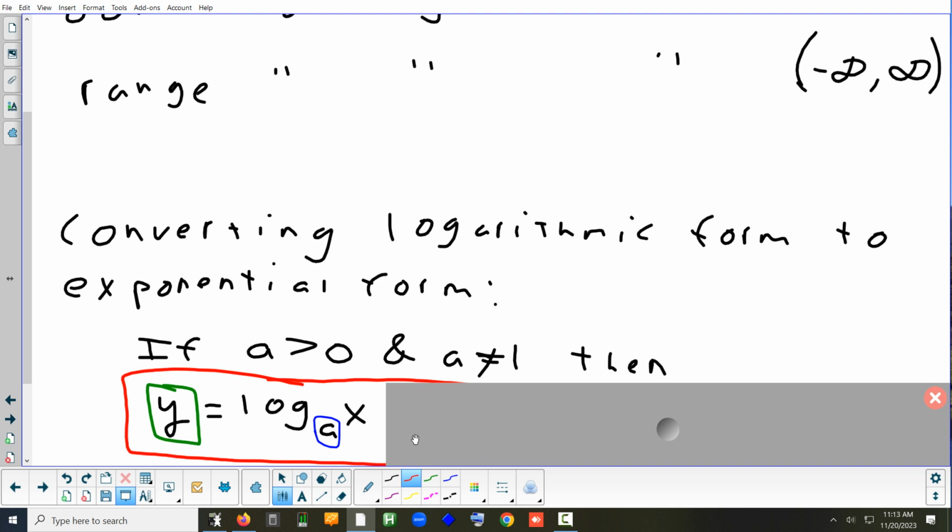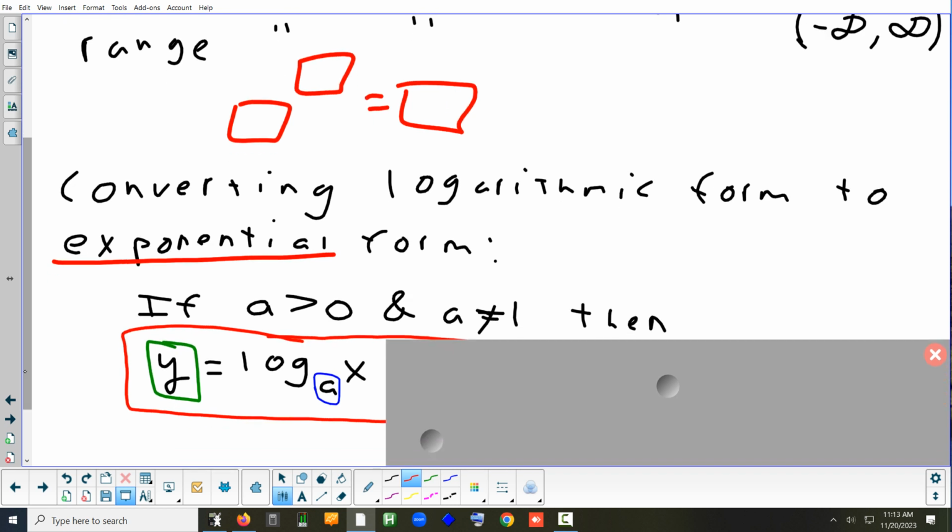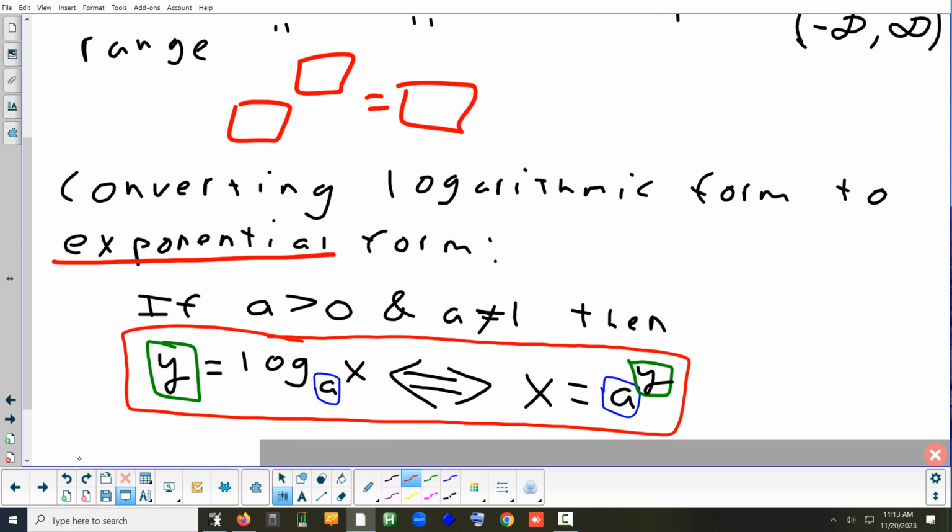There are three things there: a y, an a, and an x. When we rewrite it in what's called exponential form, it looks like this. There's no word log. There's a base, an exponent, and something on the other side.